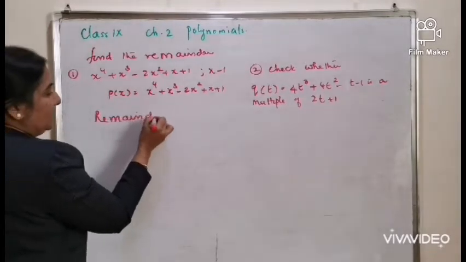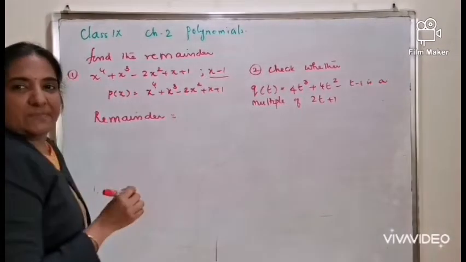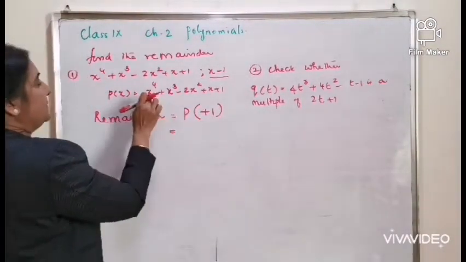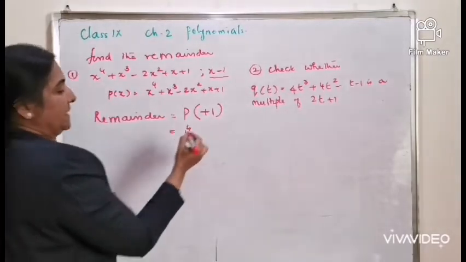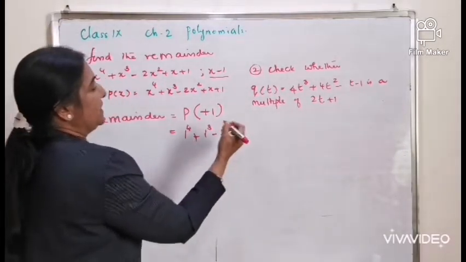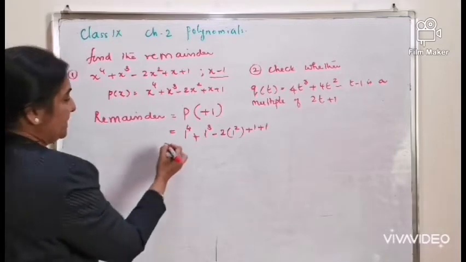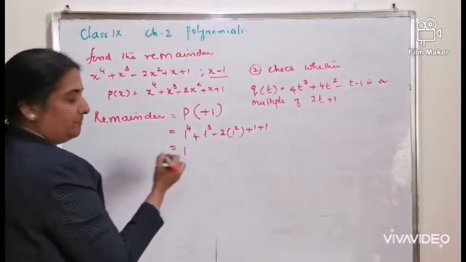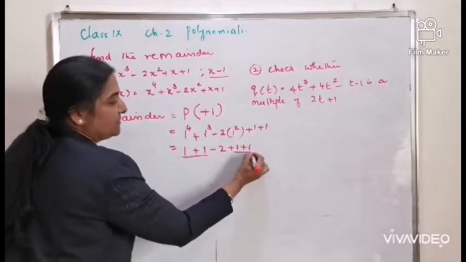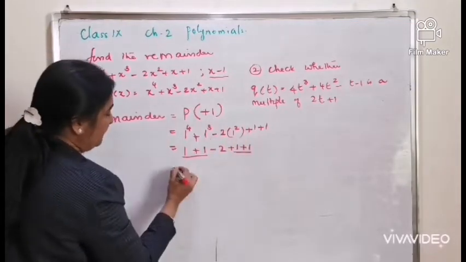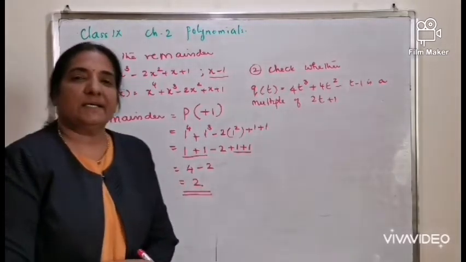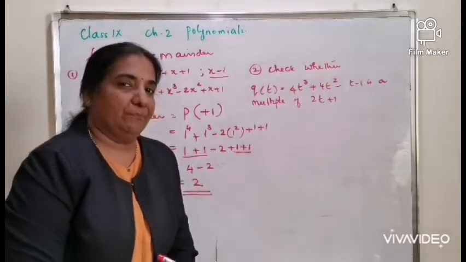The remainder is equal to, since it is x minus 1, p of 1, which is equal to 1 to the power of 4 plus 1 cube minus 2 into 1 square plus 1 plus 1, which is 1 plus 1 minus 2 plus 1 plus 1. Add the positive numbers first: 1, 2, 3, 4. It is 4 minus 2, which is the same as 2. It is a 2-mark question for any exam.